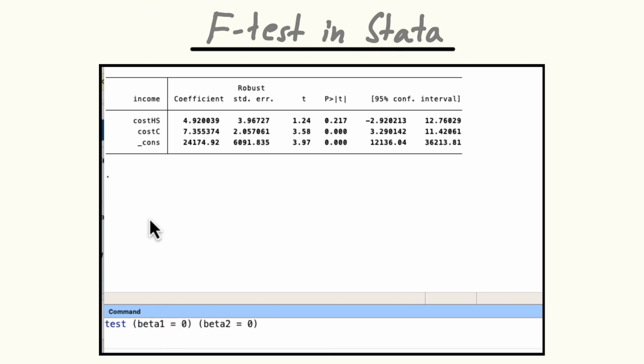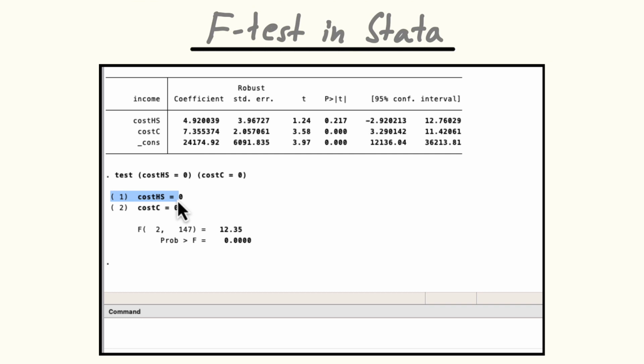So beta 1 is my coefficient on cost of high school. So instead of beta 1, I'll just write cost of high school, and Stata translates this to mean the coefficient on cost of high school. And similarly for beta 2, I'll just write cost C, so the slope coefficient on cost of college.